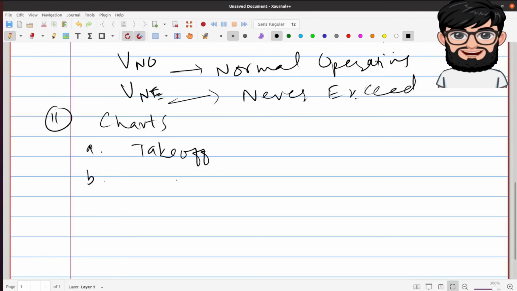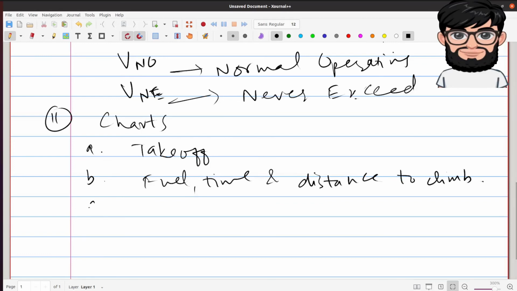Then we have the fuel, time and distance to climb chart. Then the cruise and range performance chart.